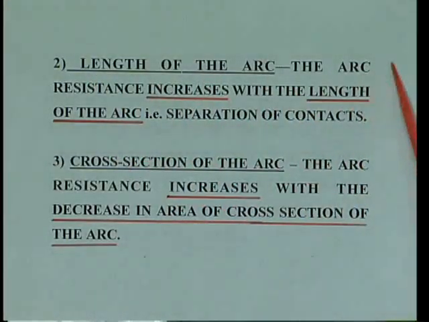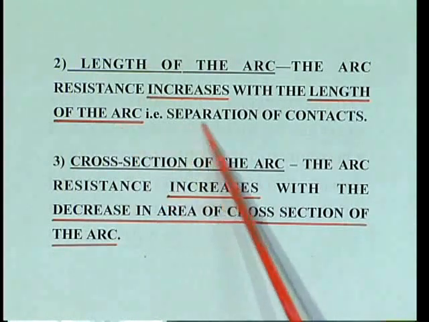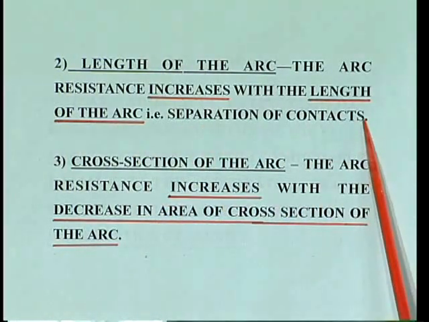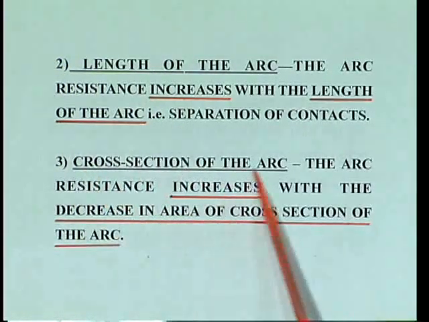Likewise, other factors are like this. Length of the arc: the arc resistance increases with the length of the arc, that is, the separation of contacts. So the length is proportional to the resistance of the arc. Third one is the cross section of the arc.